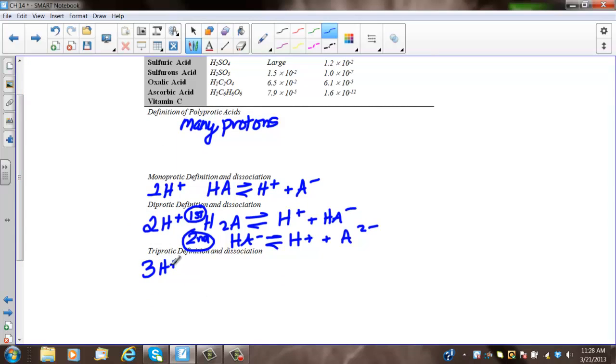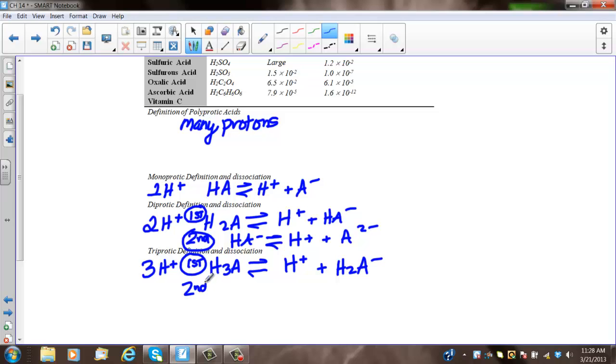I bet you can guess what a triprotic acid is. 3 protons, and the removal of those 3 protons has to happen in 3 steps. Our general formula for our acid would be H3A. For example, PO4 3 minus, and when you drop and cross, you'd have H3PO4. So in our first step, we're going to remove the first proton, so you'd have H plus and H2A minus.